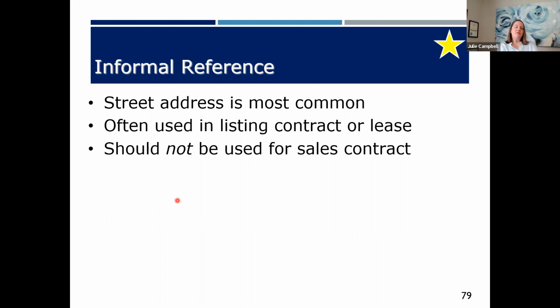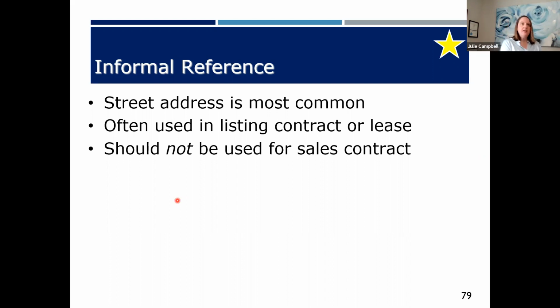When we are conveying property, when one person is selling property to another, the street address alone is not sufficient. Obviously, we're going to use a street address, but in addition to the street address, we're going to have the legal description, the lot number, as much of the property information as we can, so we all know this is the property we're talking about.